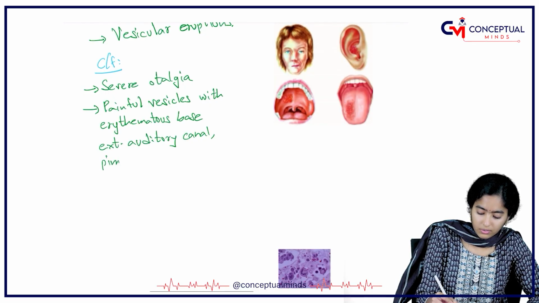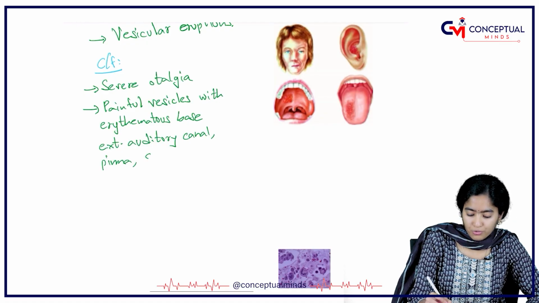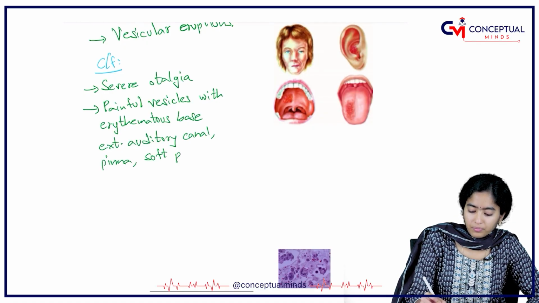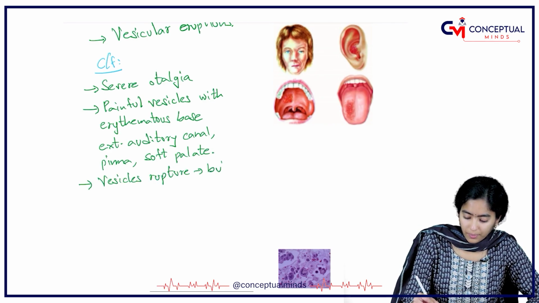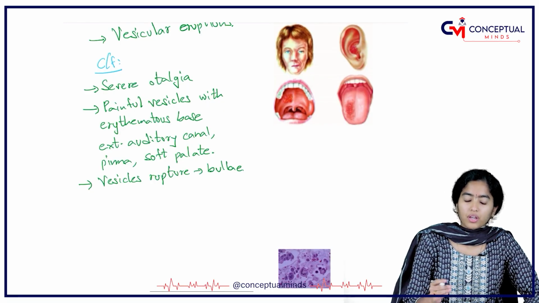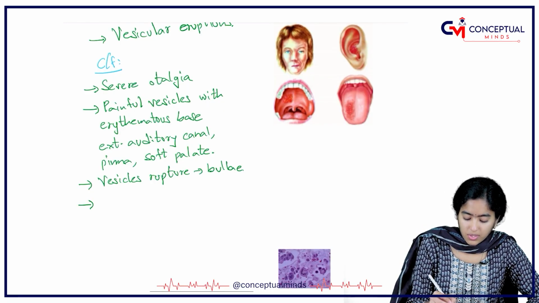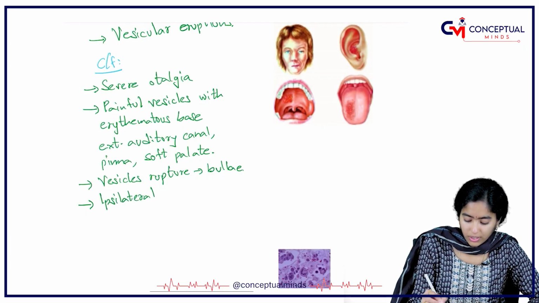On the pinna and also on the soft palate. Then the vesicles rupture to form bullae, and bullae are present on all these areas. And then along with these symptoms, there could be ipsilateral facial nerve palsy.